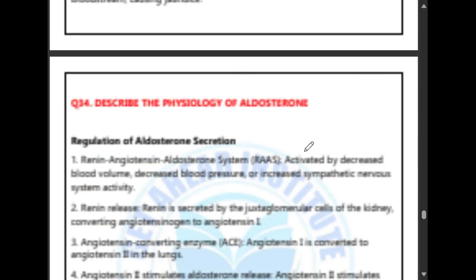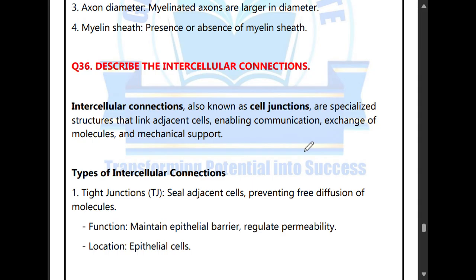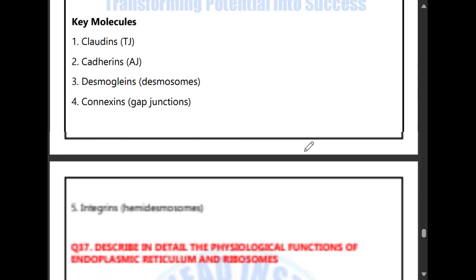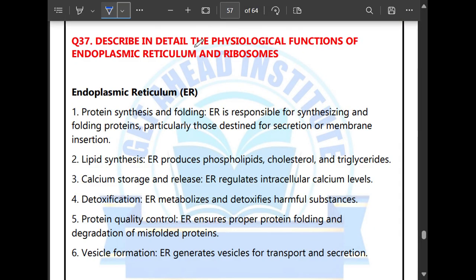Let me see what is there on question 37 with regards to cellular physiology. This one, I'll also leave it to you. It says, describe in detail the physiological functions of endoplasmic reticulum and the ribosomes.